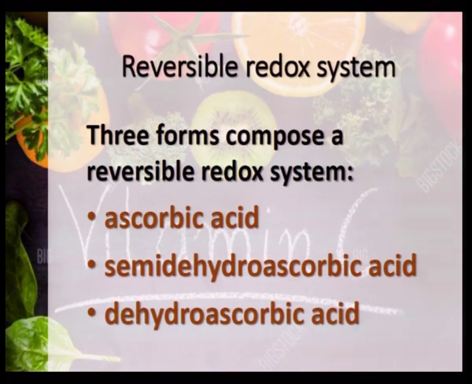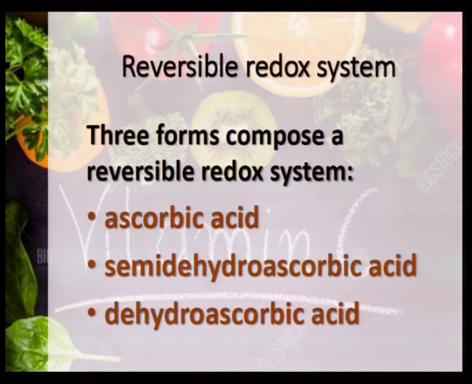In a reversible redox system, now we are going to highlight how vitamin C plays a role in the redox pathway, or acts like a free radical scavenger, or how it exhibits its antioxidant property. So, you have these three: ascorbic acid, semi-dehydroascorbic acid and dehydroascorbic acid.